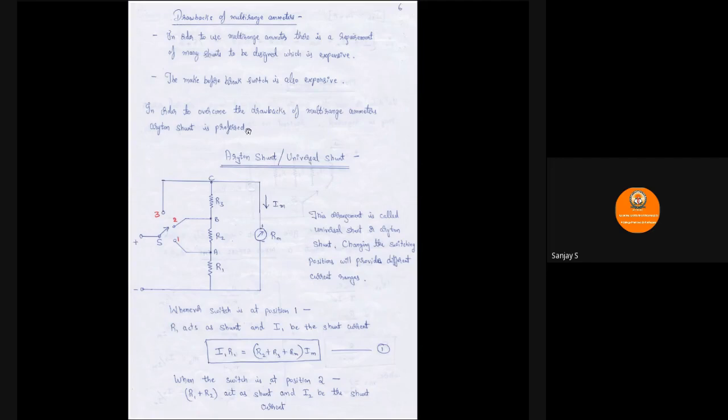So in order to avoid this, we go for the design of universal shunt, or Ayrton shunt. This is the arrangement where you have R1, R2, R3 connected as shown over here, and the total shunt is connected across the basic meter. Here also we have a switch which takes different positions 1, 2, and 3.